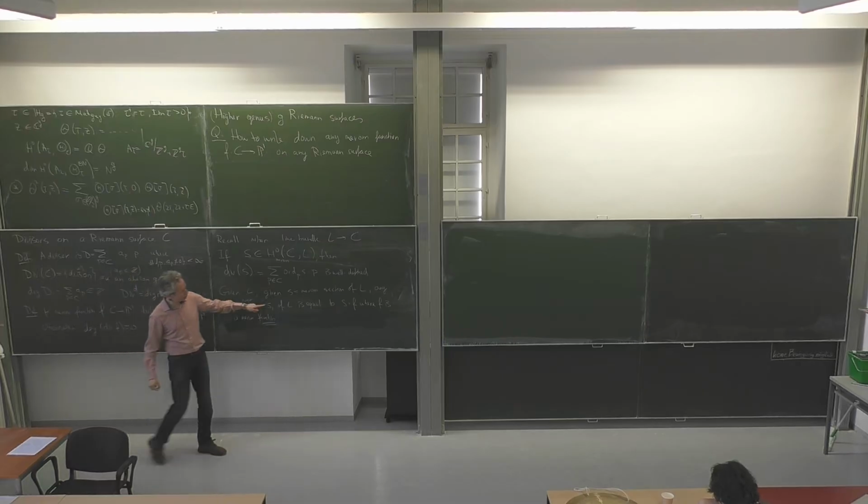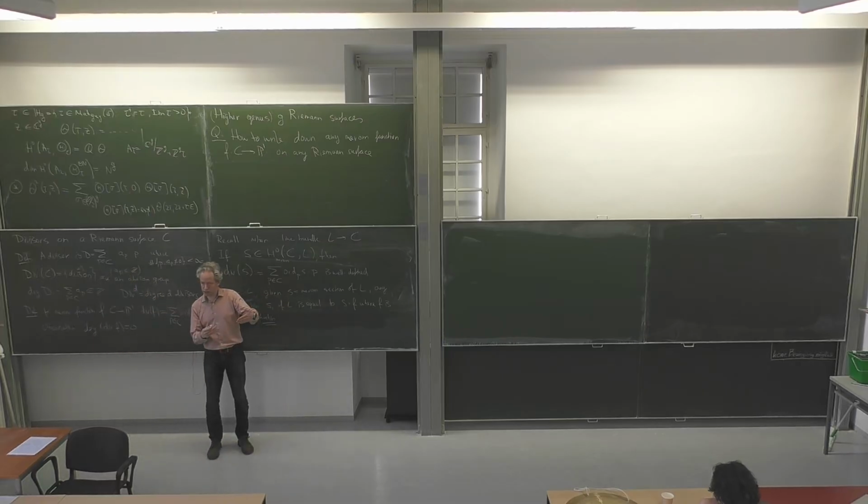Because if I take the ratio of S1 and S, this no longer transforms in any way. If I change coordinates, S1 transforms, S transforms the same way. The transformation cancels out.